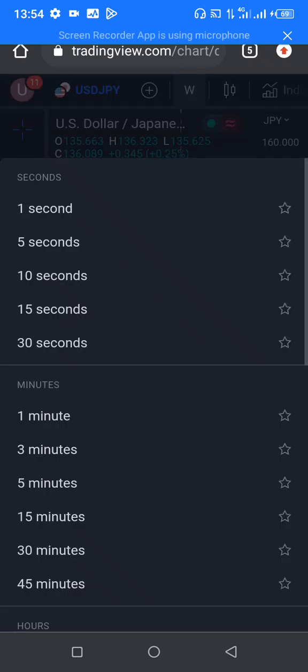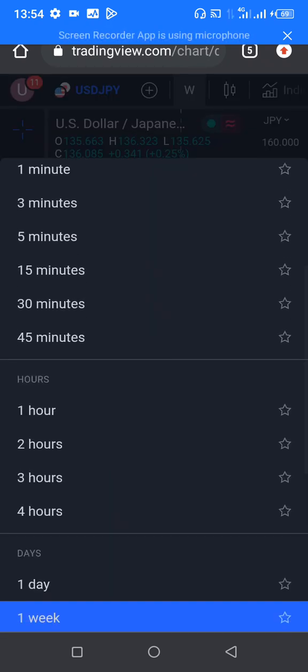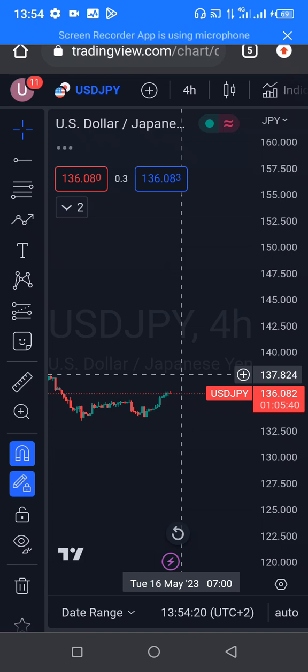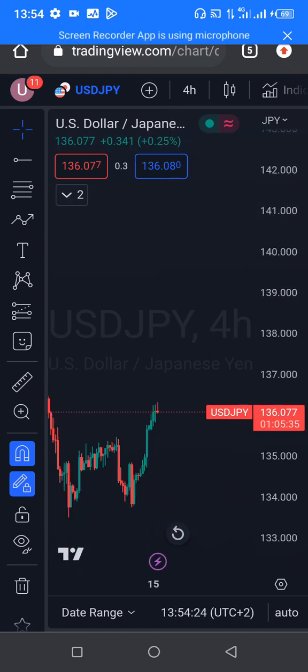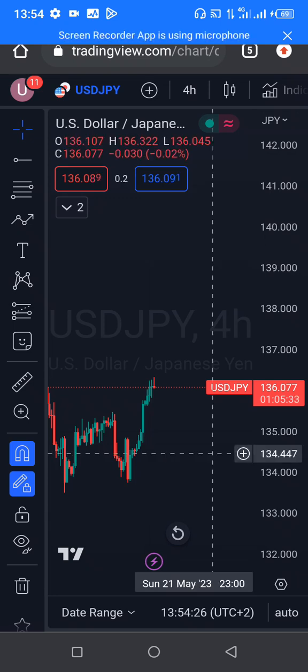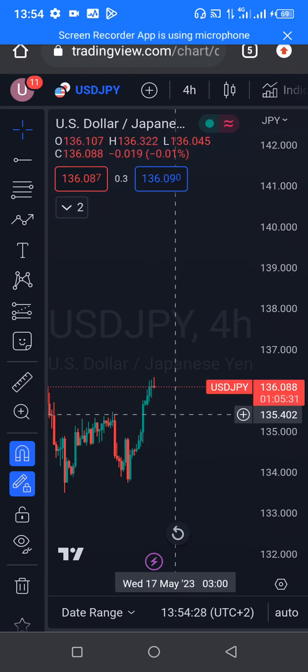So let's go to our 4-hour time frame. With our 4-hour time frame, we broke this level over here.